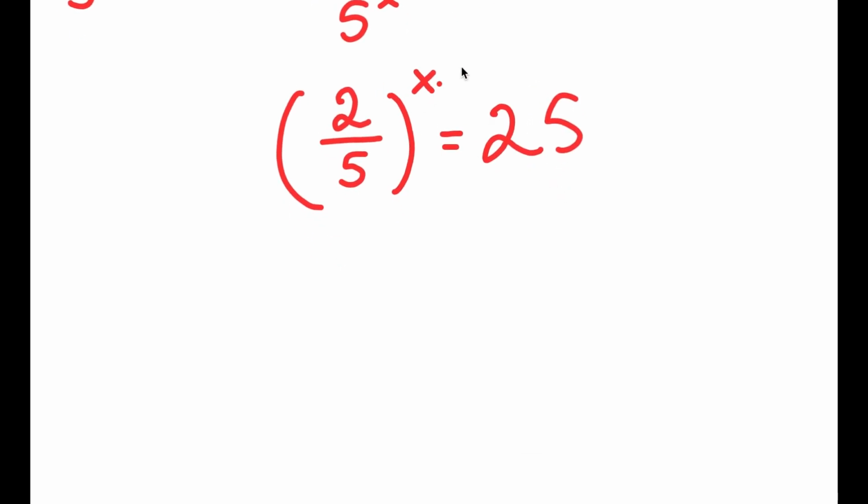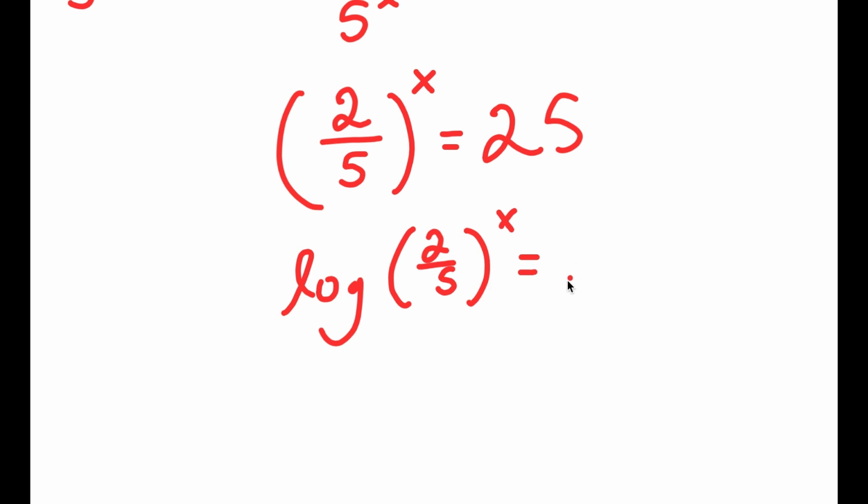Now from here, if we want to solve for the value of x, we're going to have to make it a real variable instead of an exponent. And to do that, I'm going to take the log on both sides. So I have log 2 over 5 to the power of x is equal to log 25.